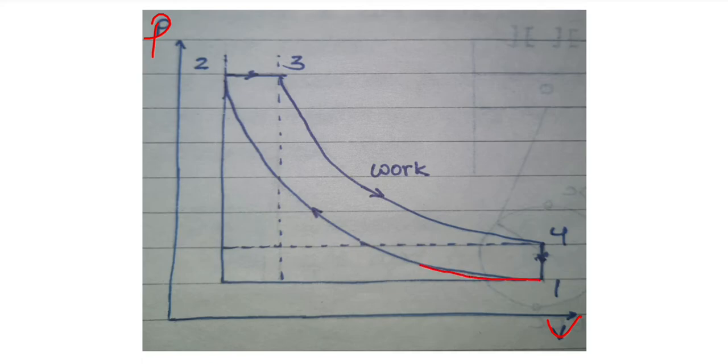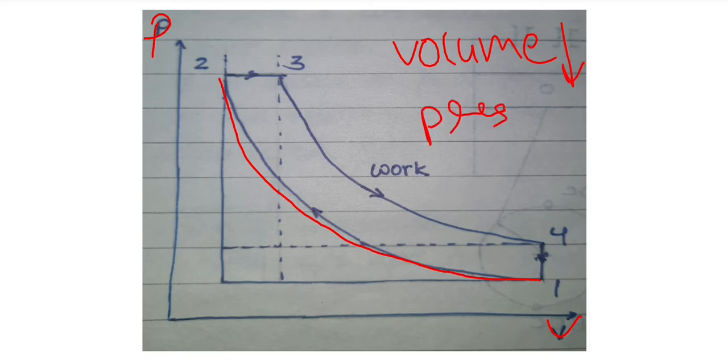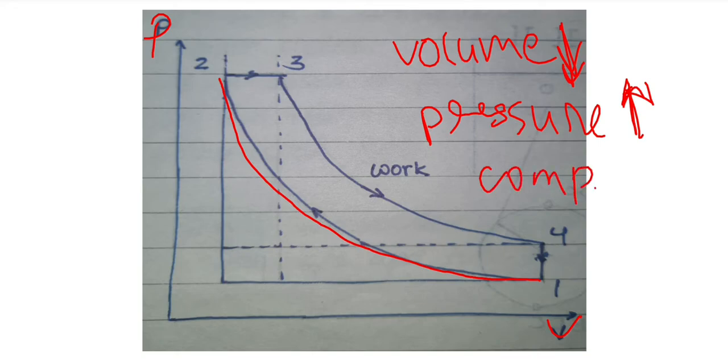See, from 1 to 2, the volume is decreasing, and at the same time pressure is increasing. So what do we know from it? As the volume is decreasing and the pressure is increasing, compression is taking place.